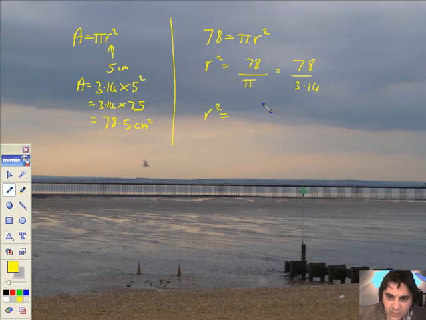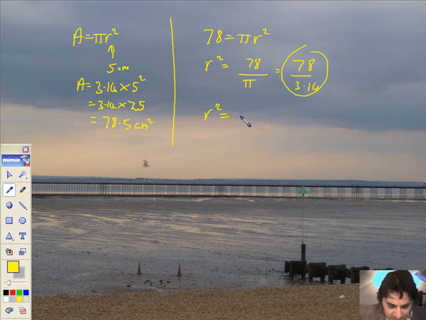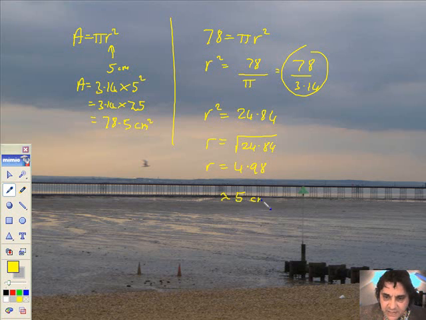So the radius squared comes to 24.84. And now to get the radius on its own, just hit that square root button. 24.84 square rooted, and the radius is going to be, bam, 4.98. In other words, it's approximately 5 centimetres.